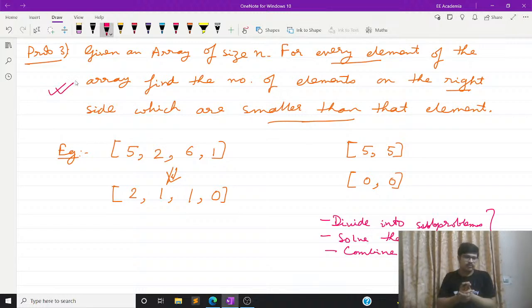If you are given this problem, I would give you a hint. Try to think from the point of view of merge sort. You know what merge sort is. Given an array, merge sort the left half, merge sort the right half, combine the result. Try to think in that respect. How can merge sort be useful here?